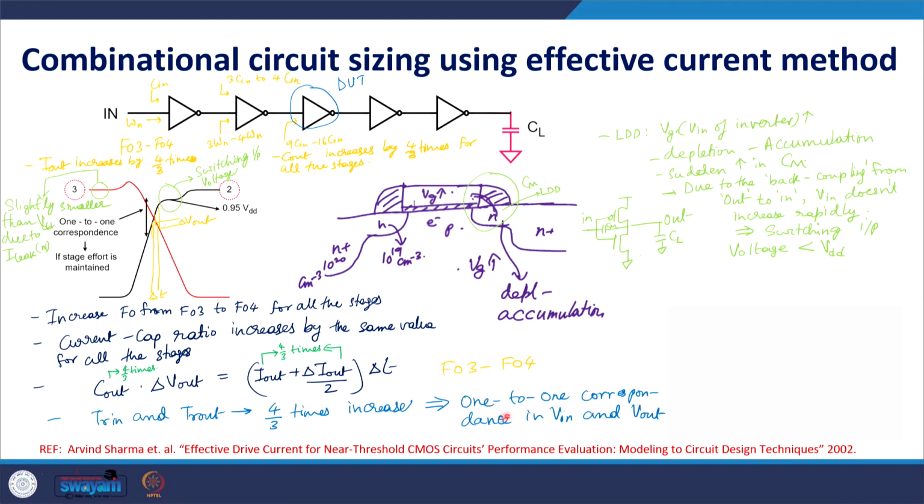So even when you increase the fan out per stage, suppose from fan out 3 to fan out 4, then for whatever value of V in you had a certain value of V out with a stage ratio of fan out 3, you will have the same value of V out for the same value of V in with a stage ratio of fan out 4. That is what we mean by this one-to-one correspondence between the values of V in and V out.